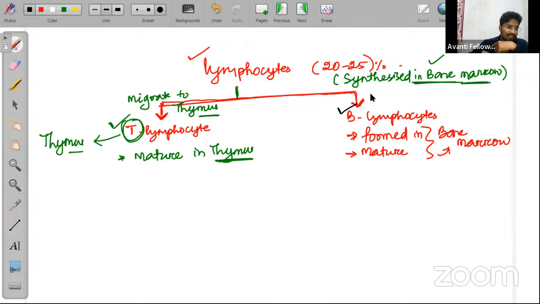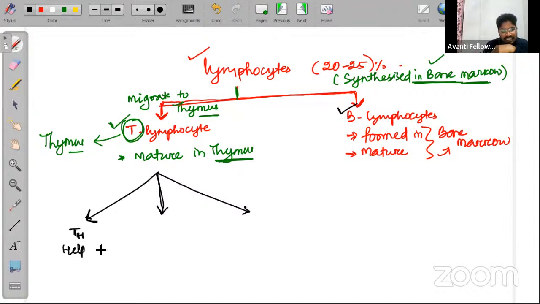Now this T lymphocyte can be of three types. ये T lymphocyte तीन तरीके के होते हैं. फर्स्ट वन, हम लोग बात करेंगे इनका रोल क्या है. First one is your T helper cell, TH cell, which will be asking for help during the time of infection. इन्फेक्शन के टाइम पे ये क्या करेगा? हेल्प के लिए जाएगा.